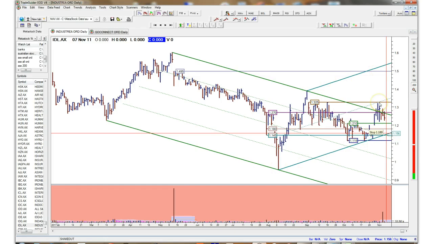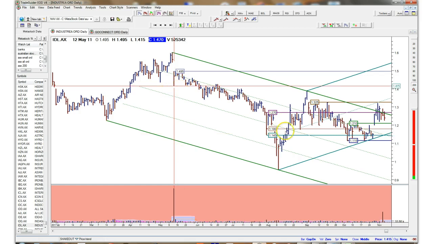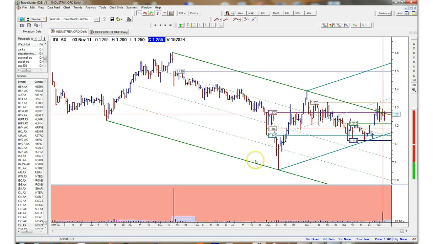We've hit the middle of the channel and come back. So if we see some testing, light volume testing on that channel, and get some bullish response to that, then maybe. But it's looking, I mean, that's apart from that one there. That's looking quite weak now.